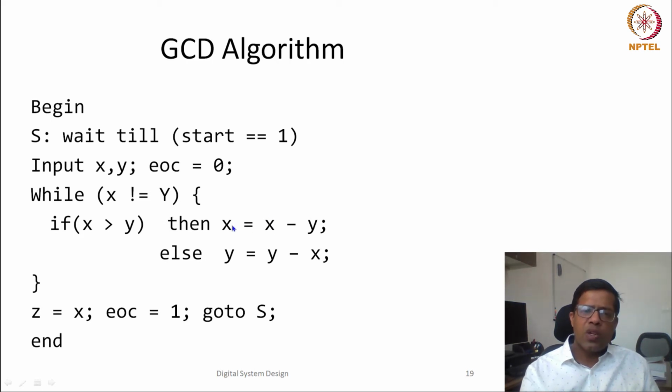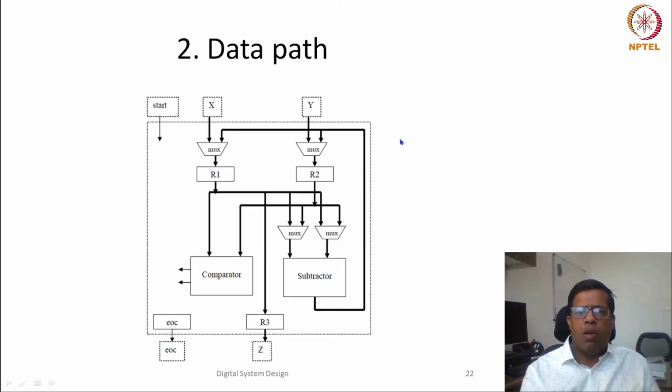So let's say R1 represents x and R2 represents y, so that means R1 should come from x as well as from the output of the subtractor. Similarly, R2 would be selected either from y or from the output of the subtraction.